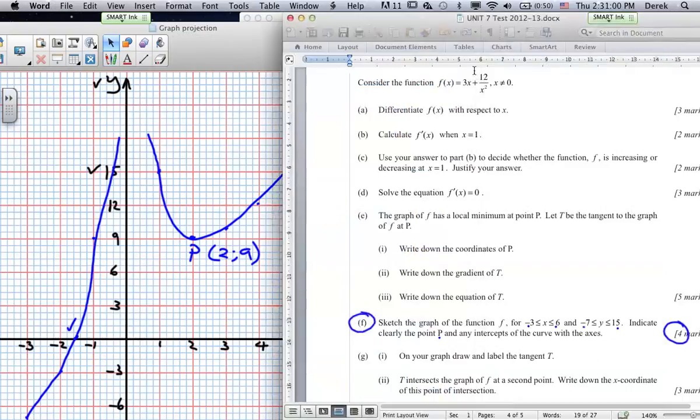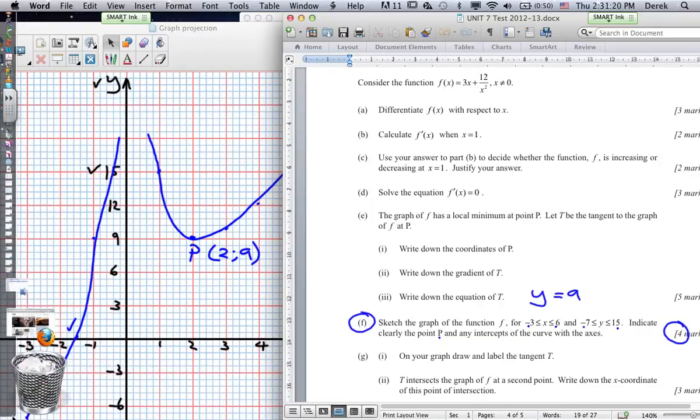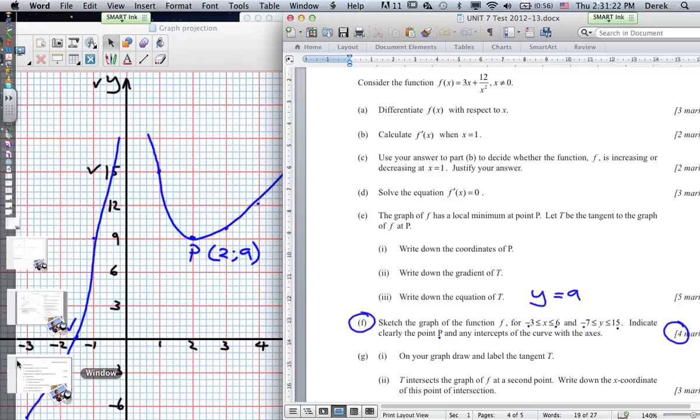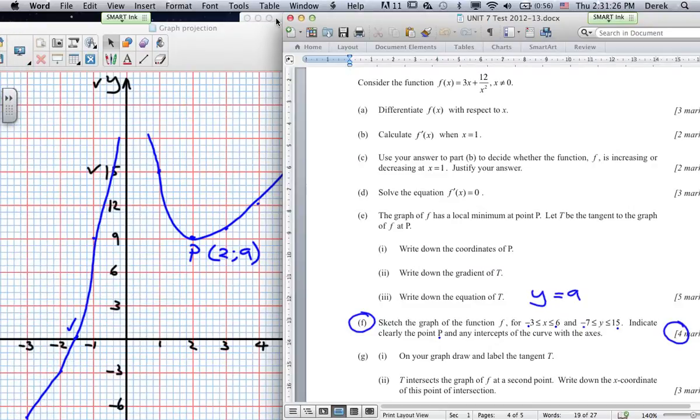Now going back to my question, it says on your graph draw and label the tangent t. Now remember, the equation for the tangent t was y equals 9. So I could actually go to my calculator and bring that up and show that on my calculator.